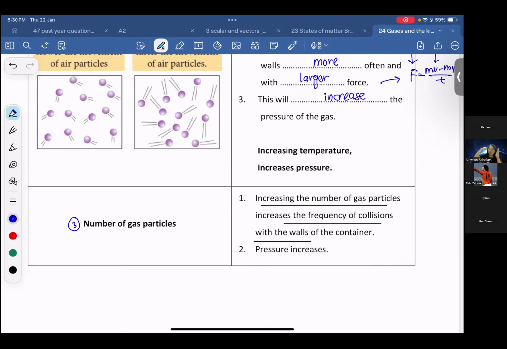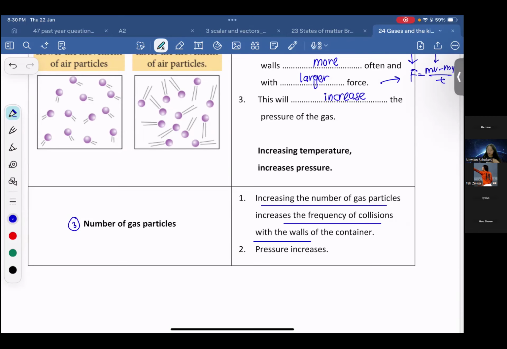Causing the pressure is colliding with the wall. Whatever you want to mention, you have to say that they collide with the wall more often. If you say collide with the molecule and wall more often, yes, definitely. But if you say collide with the molecule more often, sorry, no. Must be with the wall, because pressure is on the wall.